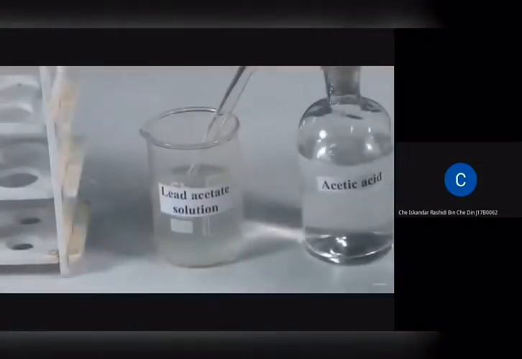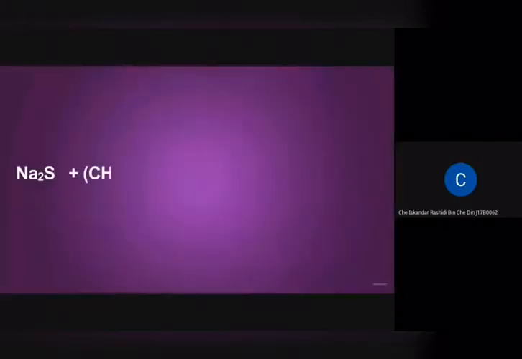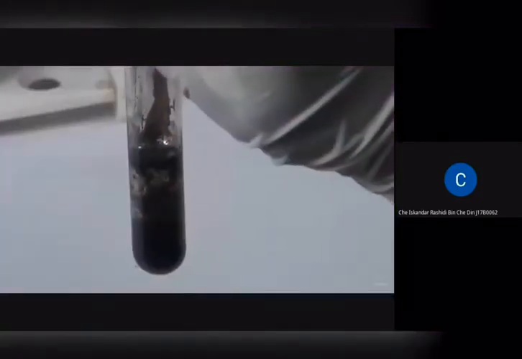Also, add a few drops of lead acetate solution. The reaction between the three chemicals will produce a black precipitate, indicating the presence of sulfur in the solution.